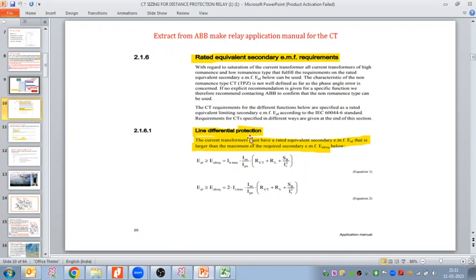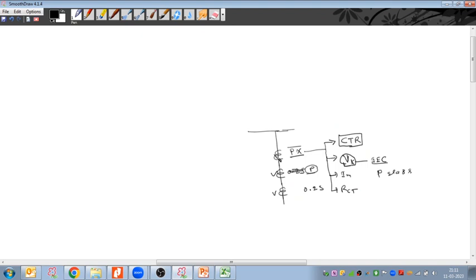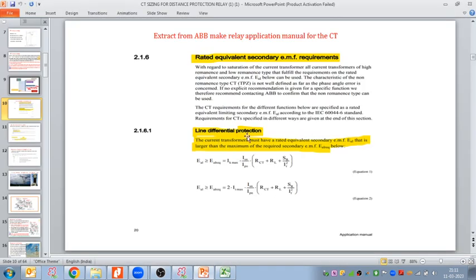So for line differential protection, if we are using this PX class CT, for that purpose the current transformer must have a rated equivalent secondary EMF, Eal, that is larger than the maximum of the required secondary EMF Eal, required below.